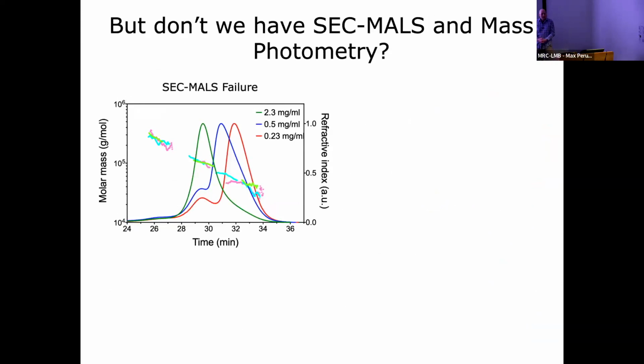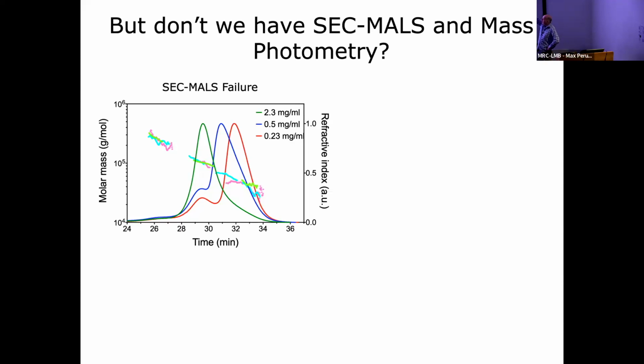But you're sitting there thinking, Stephen, haven't we talked about a lot of techniques earlier? Wasn't Chris, for those of you who came on Tuesday, going through all these different techniques? With SEC-MALS, surely that could do everything. Well, sometimes you get failures of SEC-MALS. Here's an example. As you can see, the squiggly lines in the middle are the masses, and they slope across the peaks of separation by size exclusion chromatography.